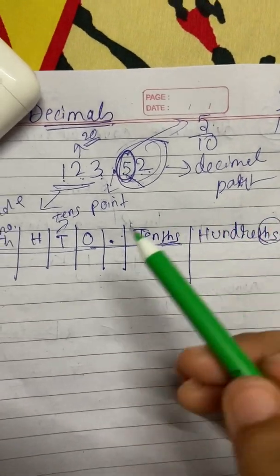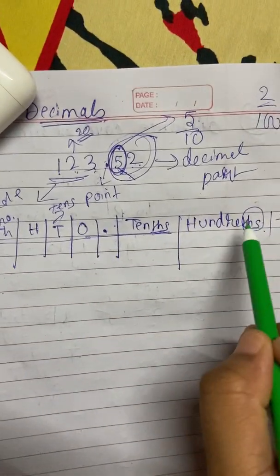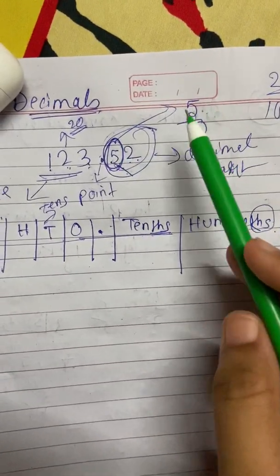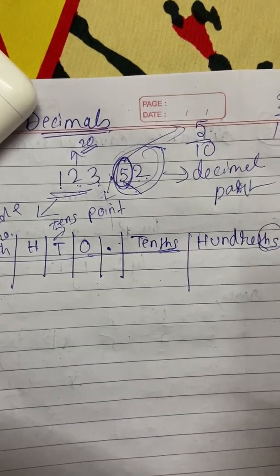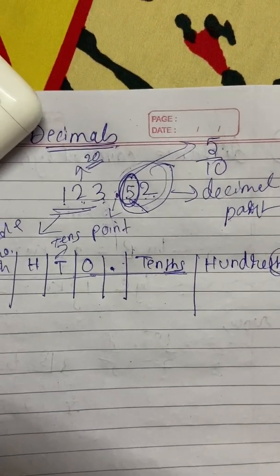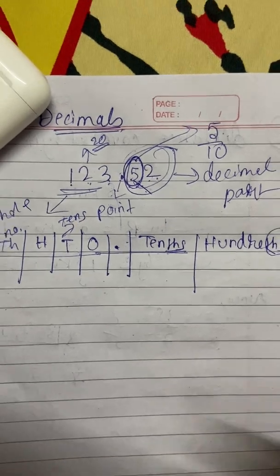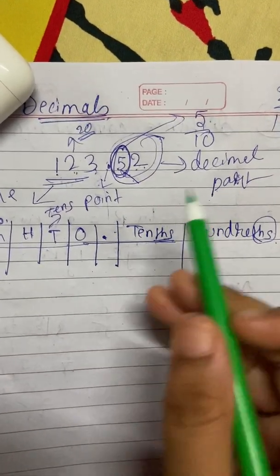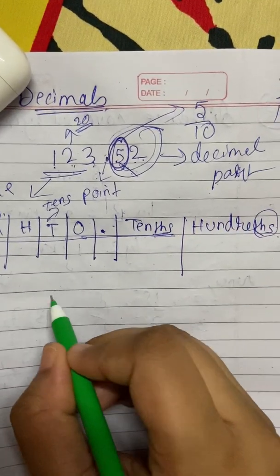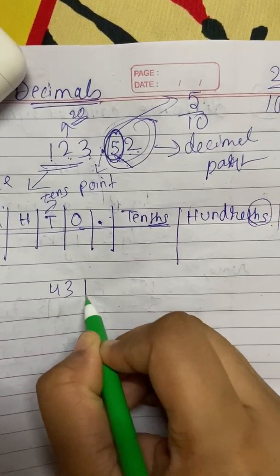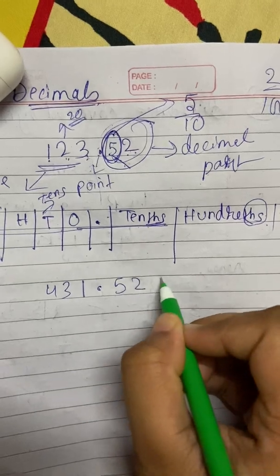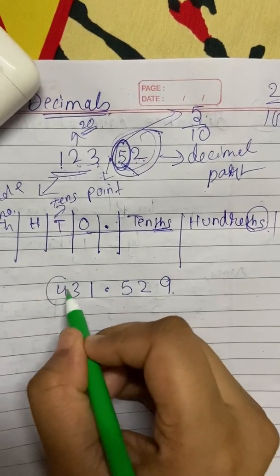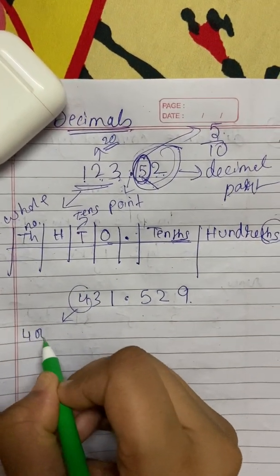So this is about the place value chart and the place values and the decimals. Now gradually you'll understand the concept better once we start the exercise. But I'll again give one other example for the place value, like 431.529. So place value of 4 is 400.